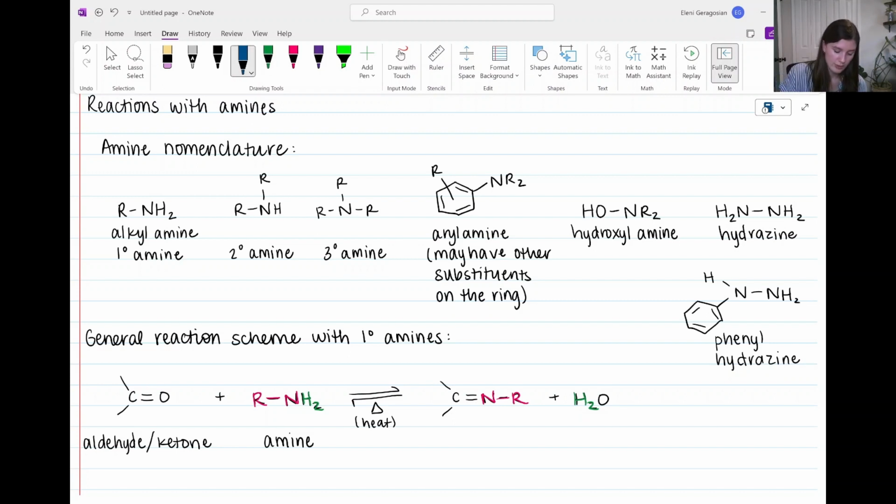The oxygen in H2O is from the aldehyde or ketone, and then that carbon, the carbonyl carbon, and whatever else it's bonded to besides the oxygen are both in this final product here. And this final product, where we have a carbon double bonded to a nitrogen, is called an imine. I-M-I-N-E, an imine.